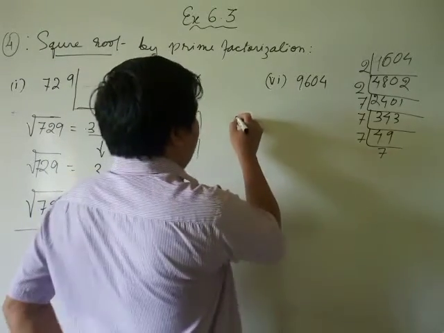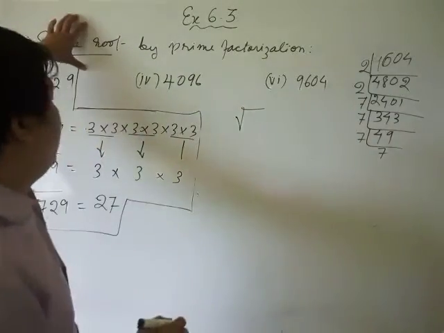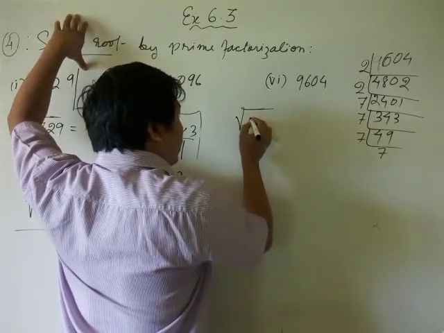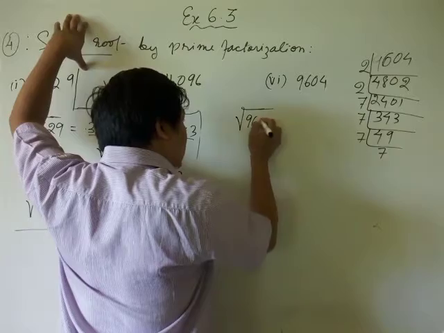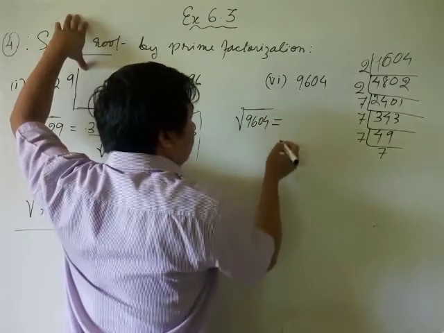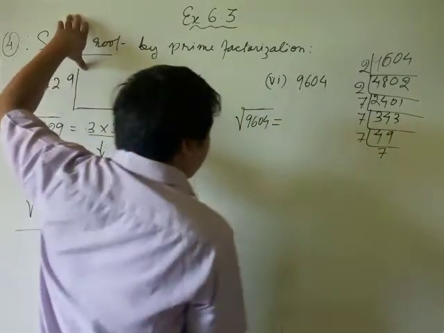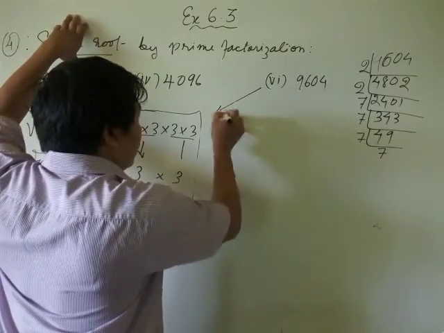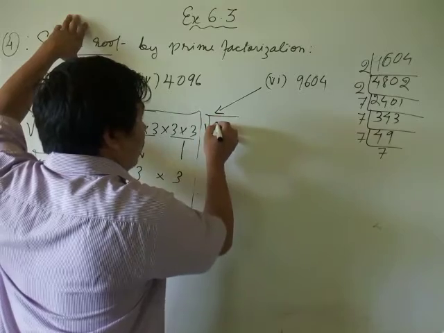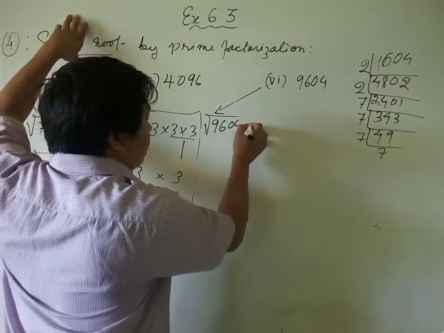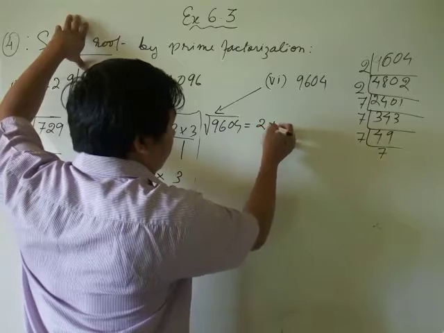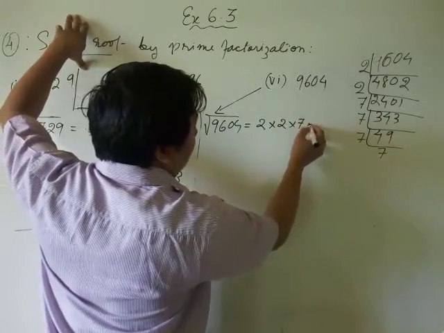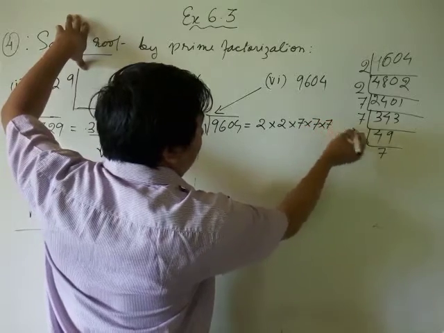So we can write like this. Since they asked to find the square root, take the square root of this number. Square root of 9604 is equal to 2 into 2 into 7 into 7 into 7 into 7.